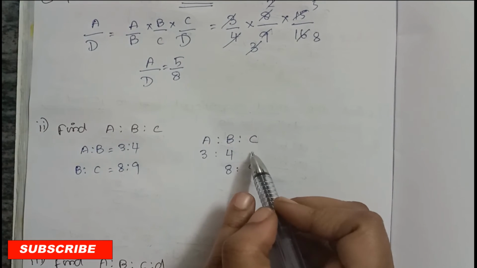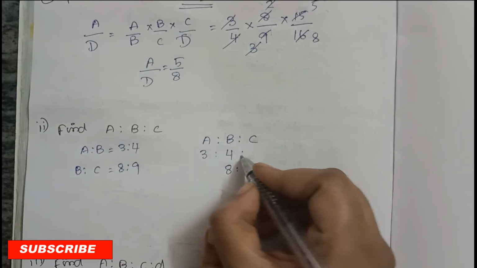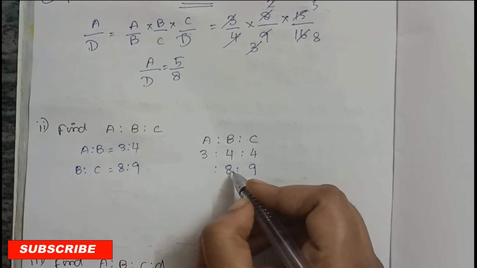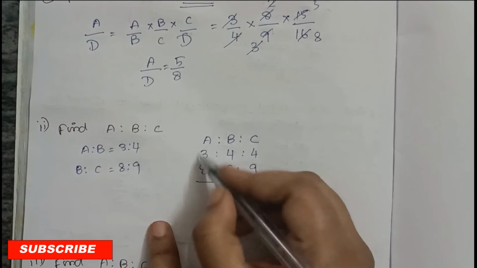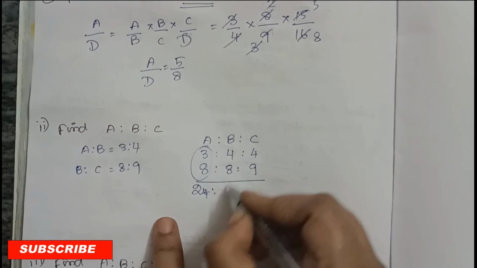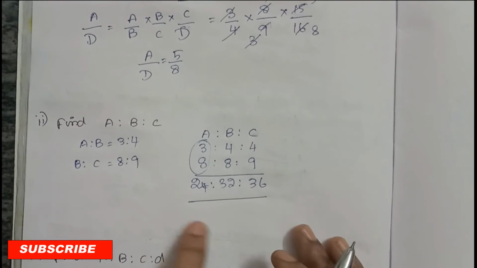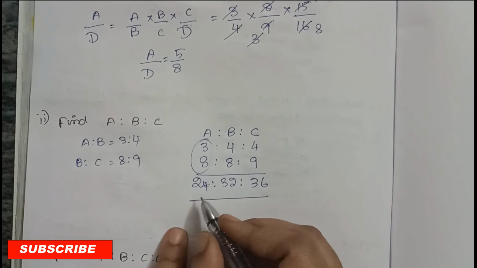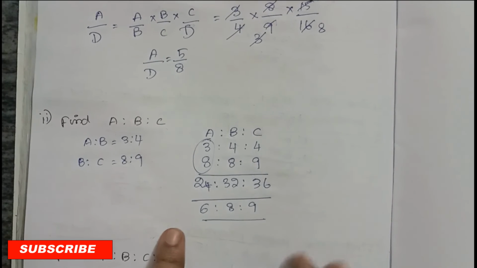Copy the B value in the blank area. 4 is also copied in the blank areas. Here 8 is also copied in the blank areas. So multiply all these things. 8 3s are 24. 8 4s are 32. 9 4s are 36. So on cancelling this we get 6 is to 8 is to 9.